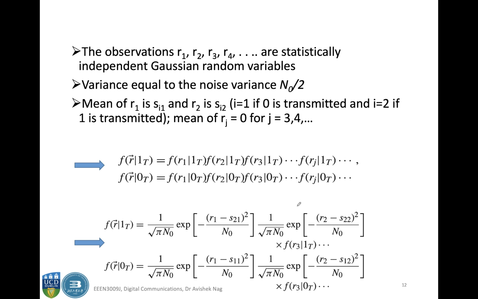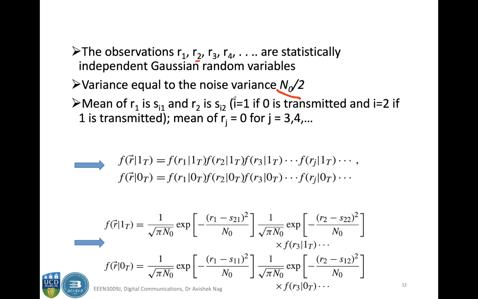So let's say that the noise has a Gaussian distribution. So the received signal components, or the observations R1, R2, R3, R4, are all statistically independent Gaussian random variables, with variance equal to the noise variance N0 by 2.